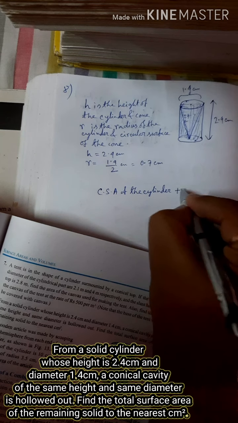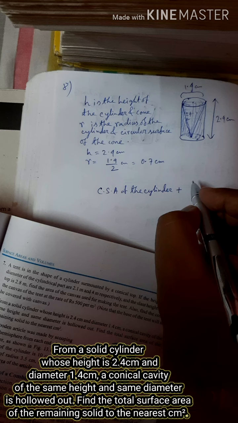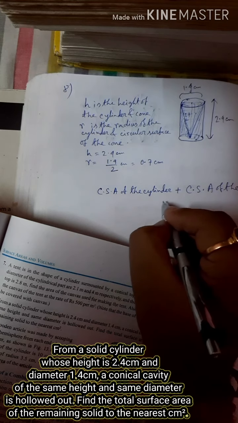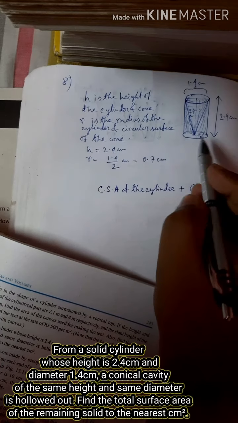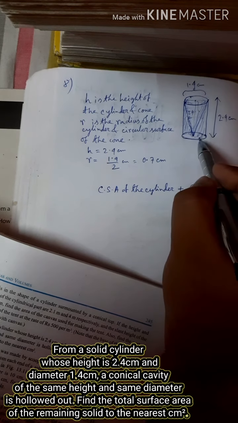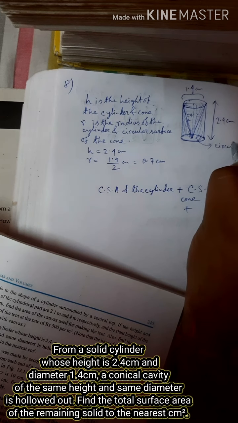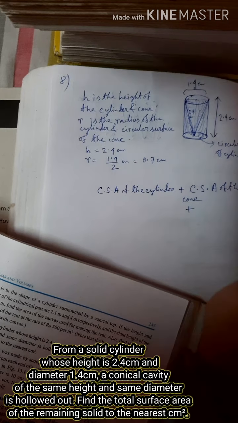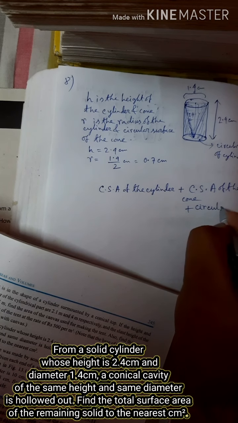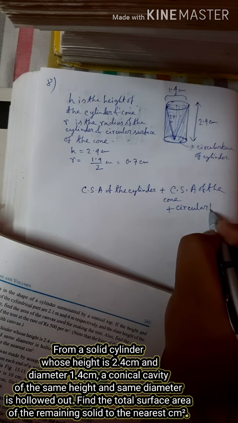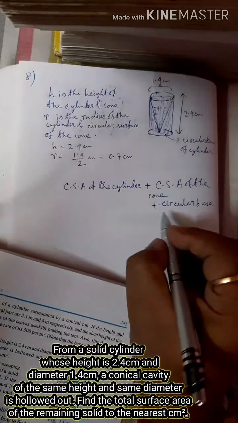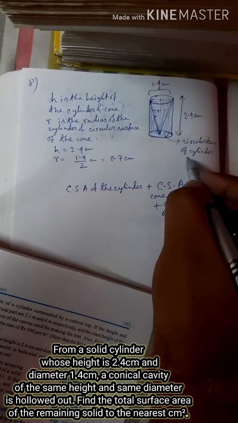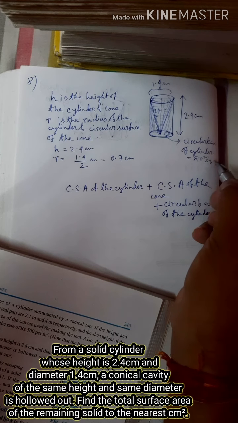With that I have to add the curved surface area of the cone, and again here I have to add the circular base of the cylinder, which is equal to pi r square, right?